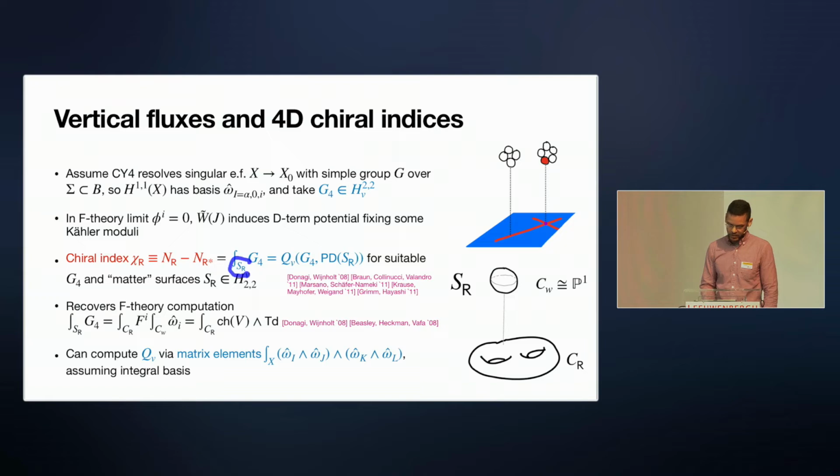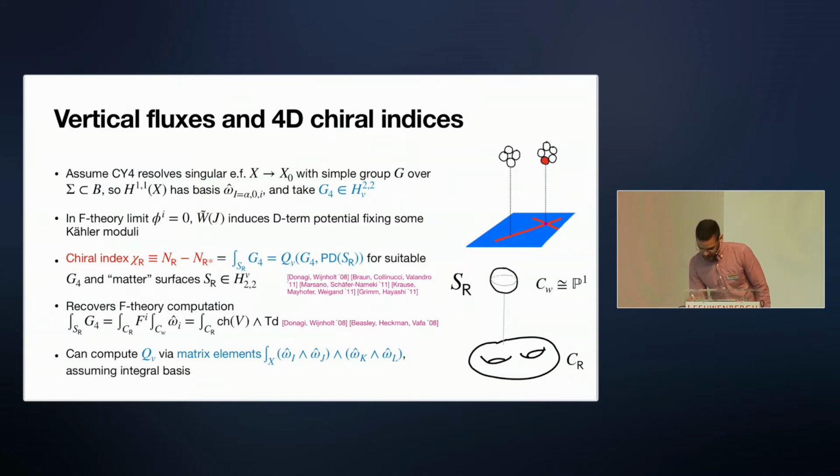This is a holomorphic surface. And this can be expressed in terms of the vertical pairing Q sub V. And so I can write this as the vertical pairing of G4 with the Poincaré dual of this matter surface for a suitable choice of G4. So as promised, this is the precise sense in which the vertical pairing is relevant to understanding the physics of the massless chiral spectrum in 4D.